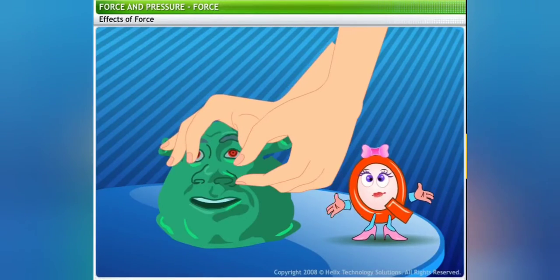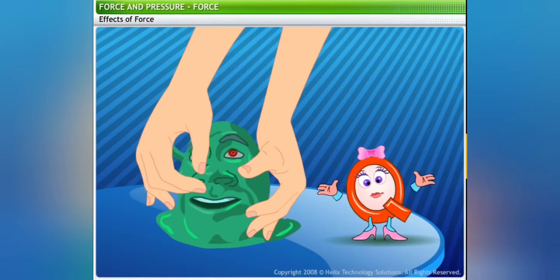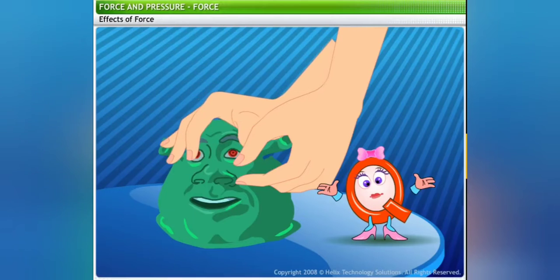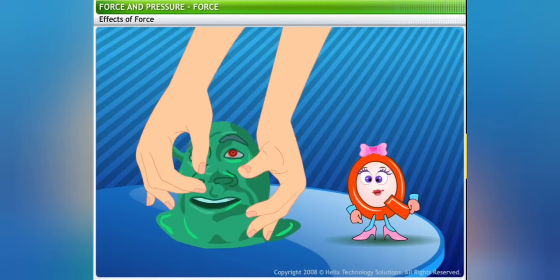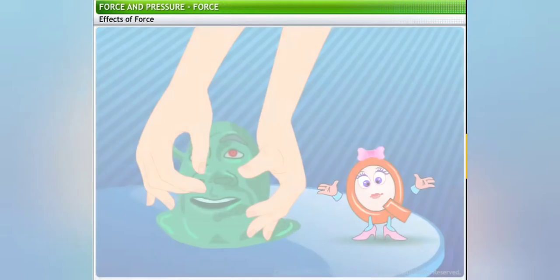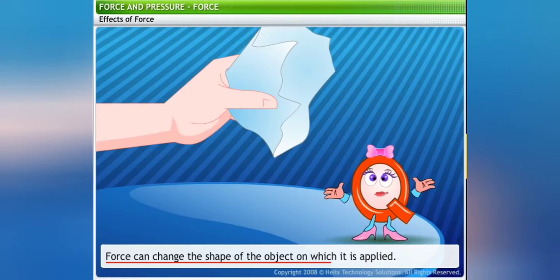Tina does something similar when she uses plasticine to make cartoon characters in her modeling class. She models the clay by pressing it with her fingers at various points. So, as you can see, force can change the shape of the object on which it is applied.